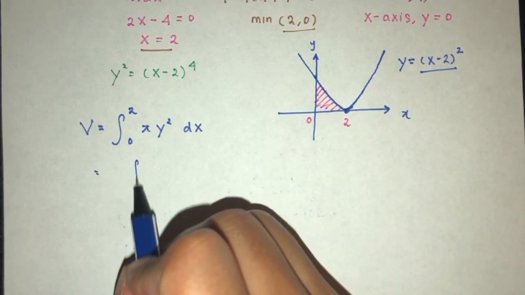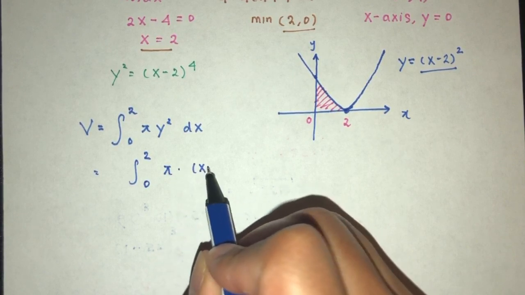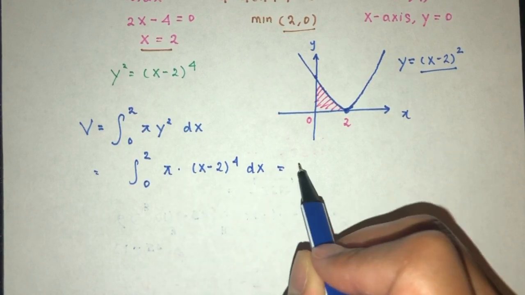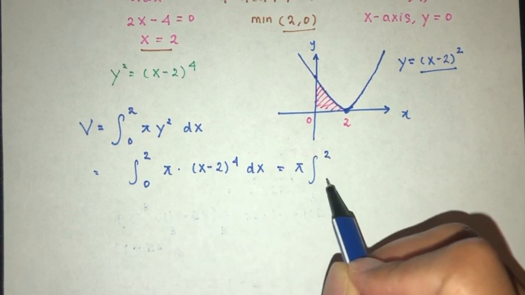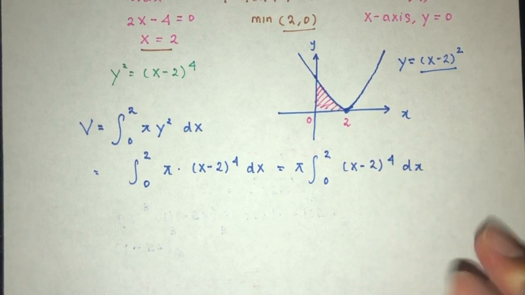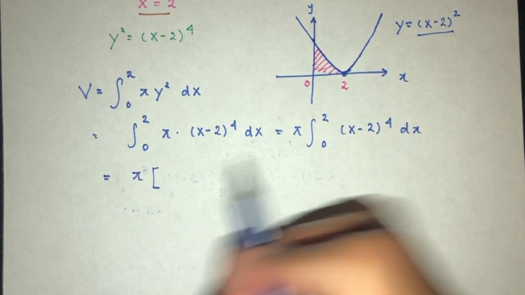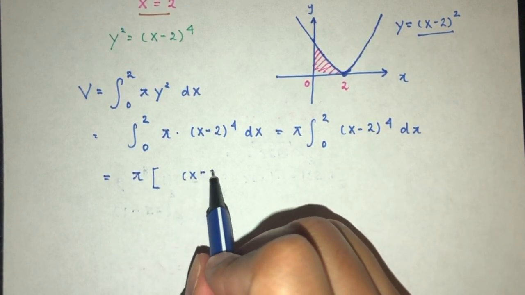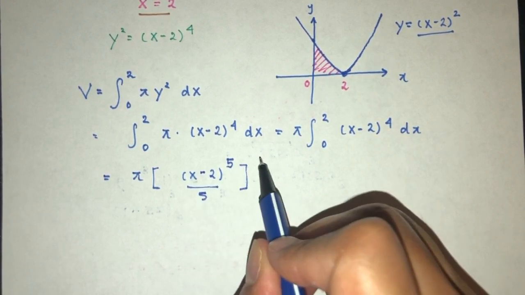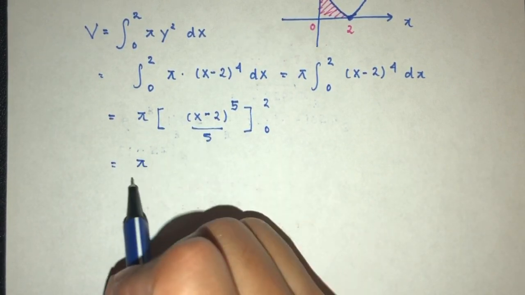That should be the integral from 0 to 2 of pi times (x - 2)⁴ dx. Take out the value of pi, should be here. The integral from 0 to 2 of (x - 2)⁴ dx. Solve. Pi is pi. Here you will have (x - 2), increase power by 1 divided by the new power, and then here we have limits 0 to 2. That should be pi outside. Take this out as well.